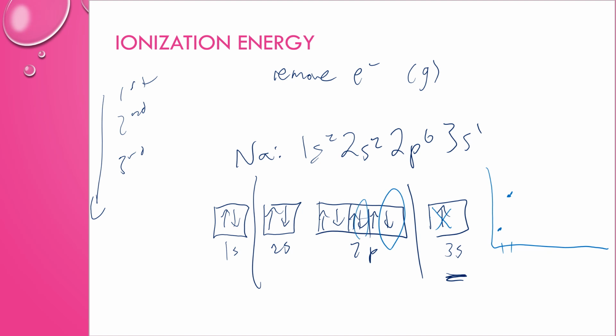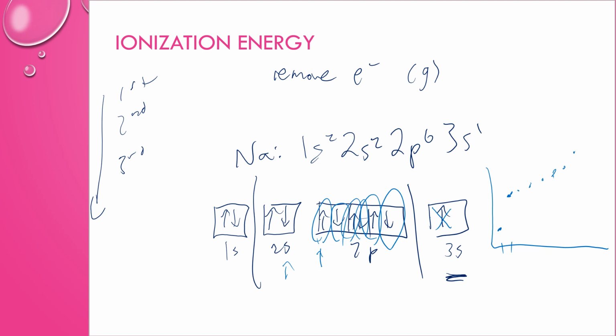Third, fourth, fifth, sixth, seventh, and then you will see a bit of a jump. It winds up being significantly easier to remove an electron from the 2p sublevel compared to the first electron from the 2s sublevel, so you're going to see an increase there.